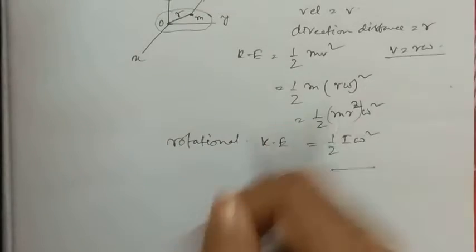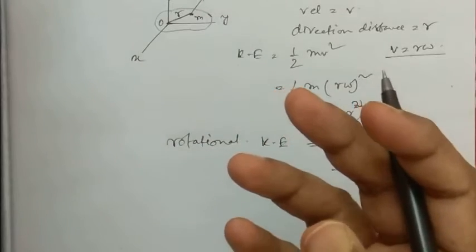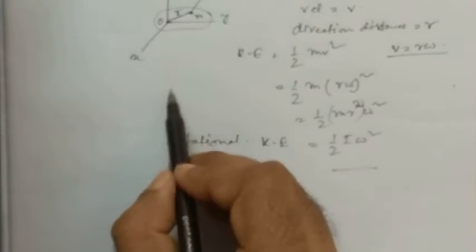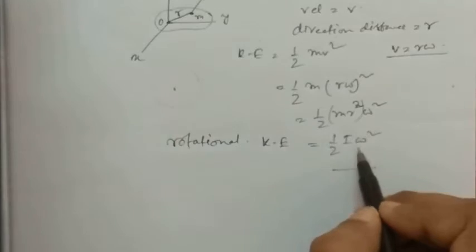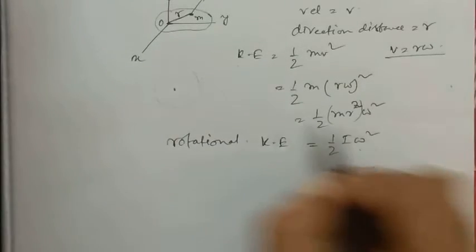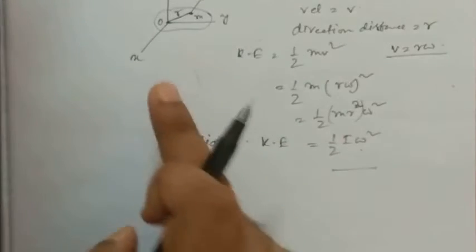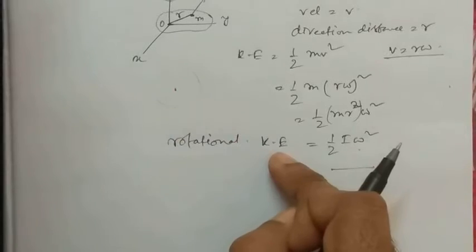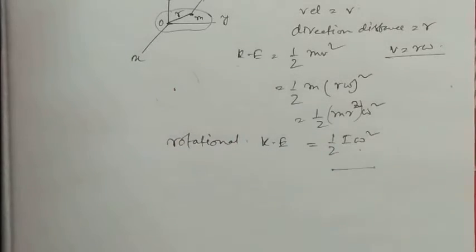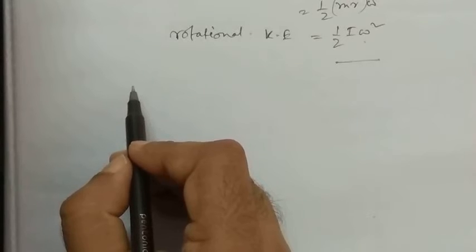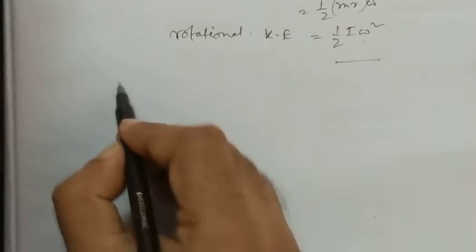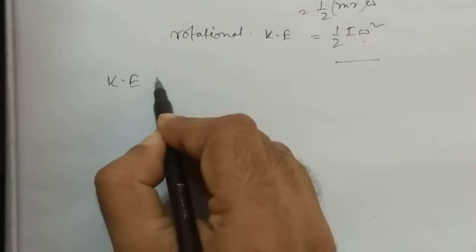Now any body like a ceiling fan rotates about its axis continuously with the angular velocity of omega. So for that case we have pure rotation, so the value of kinetic energy for that case is half I omega square. Now we are going to handle some cases in which there is both translational as well as rotational kinetic energy.